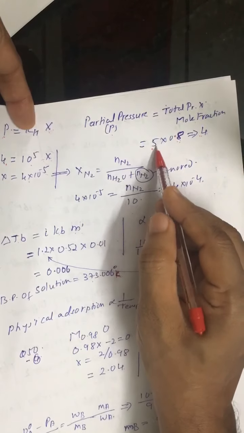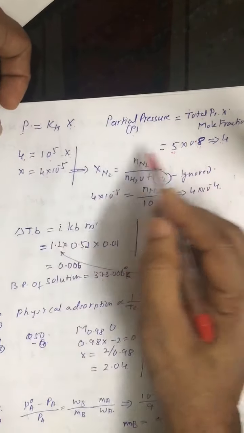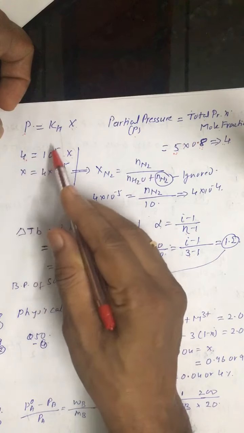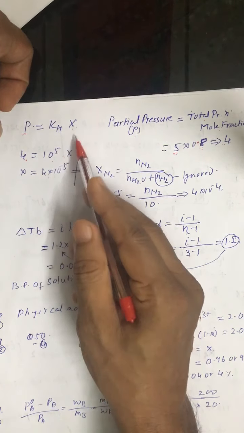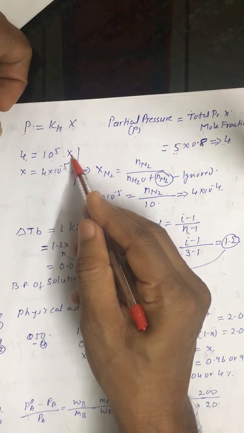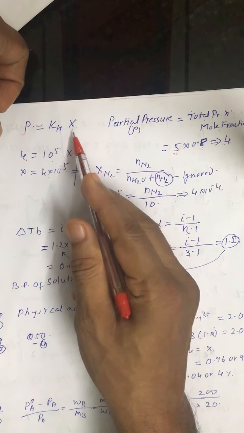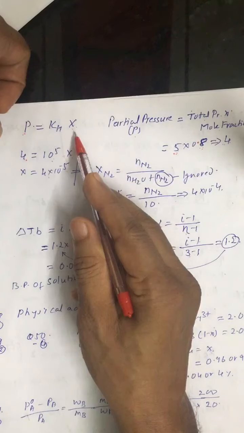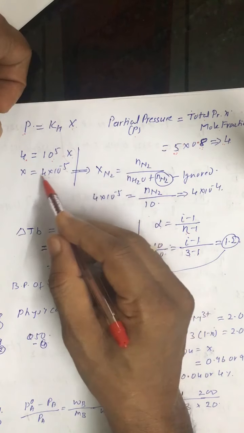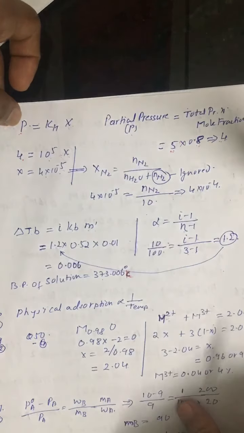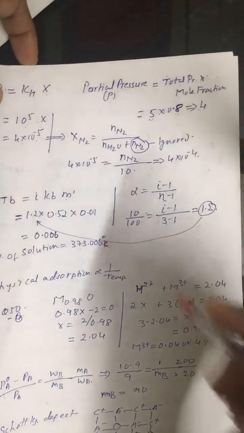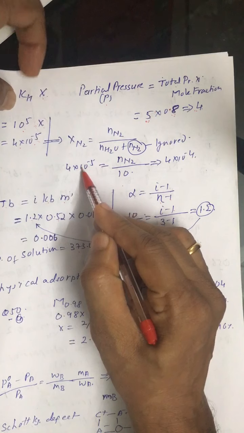Partial pressure is 4 and Kh equals 10 raised to power 5, and we have to calculate the mole fraction of nitrogen in the liquid. This is actually the solubility. So on calculation X is 4 into 10 raised to power minus 5. This is the mole fraction.